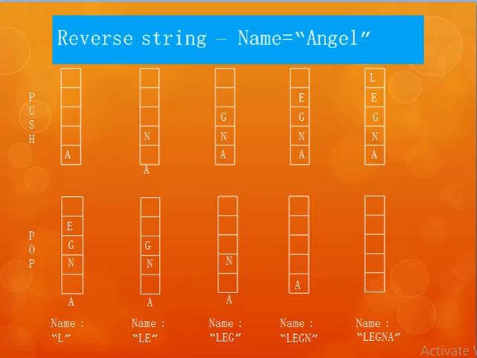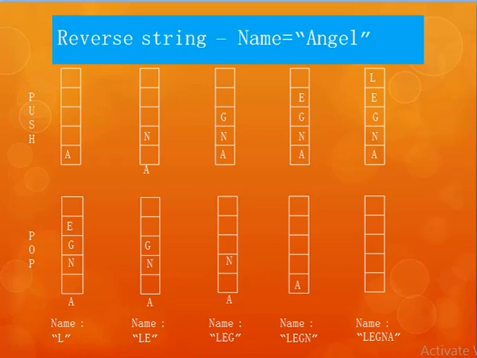Firstly, A is pushed into the stack, then N, then G, then E, and at last the L. Ultimately, the top is incremented by 1, because the stack follows the property of first in, last out, or last in, first out.